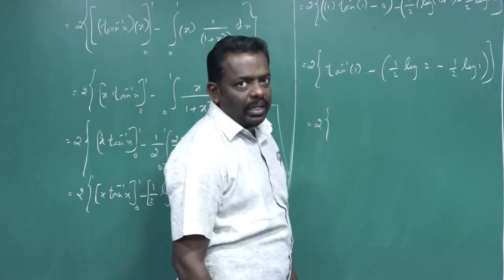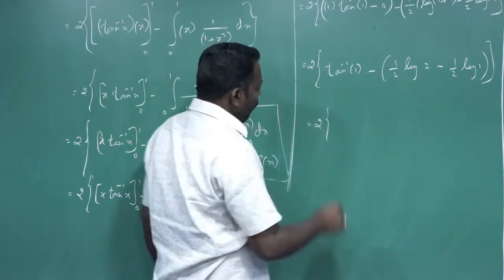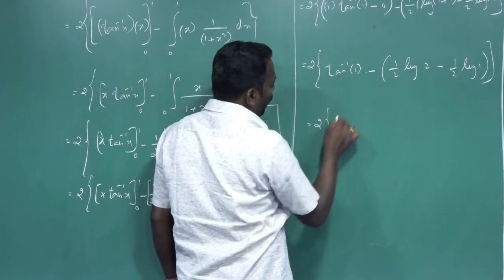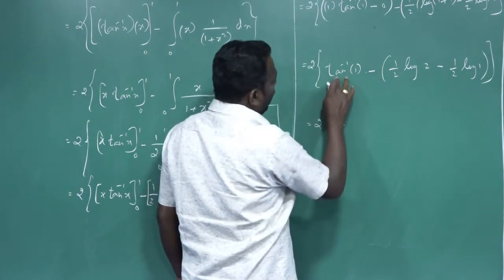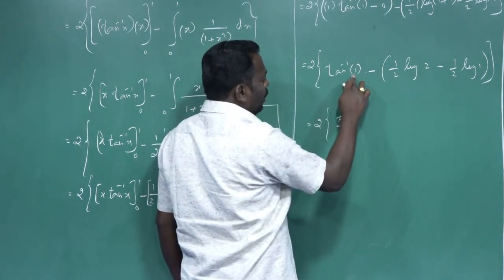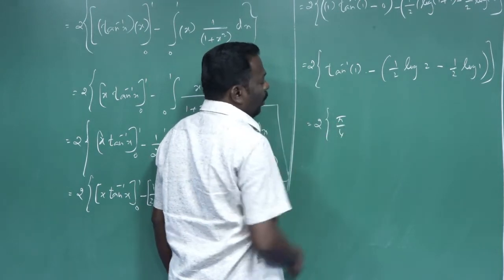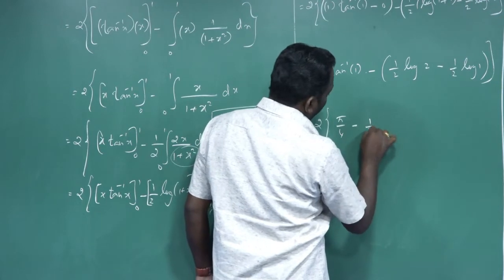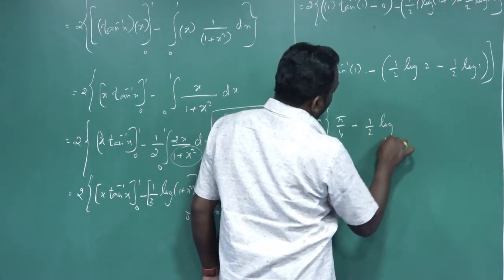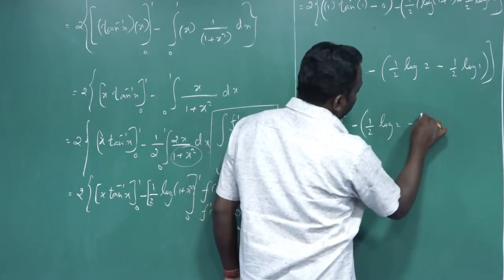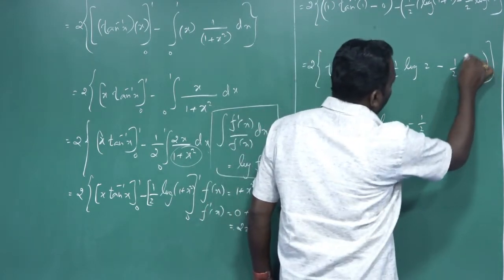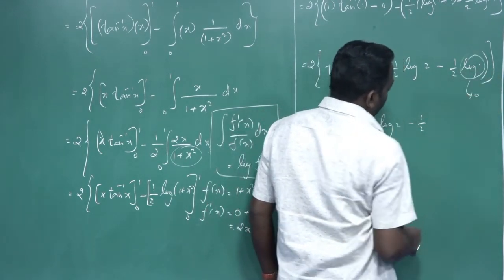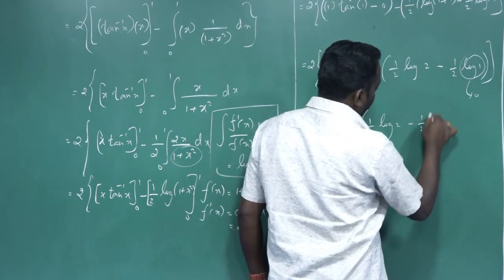Tan 45 degrees, that is tan pi by 4. Therefore tan pi by 4 equal to 1. Therefore it is pi by 4. Minus within the bracket 1 by 2 log 2, then minus 1 by 2 log 1, and log 1 equal to 0. Therefore that term has value 0.